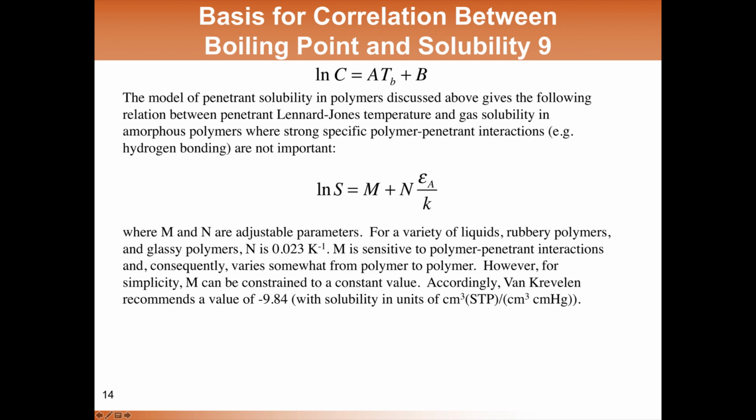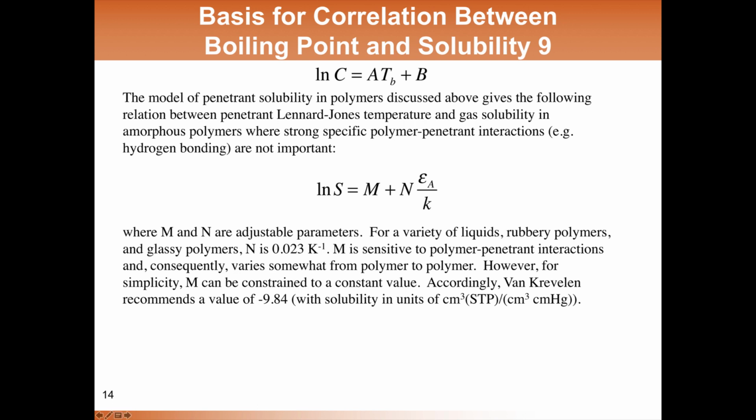And so once you know the solubility of one gas in a polymer, you could use this relationship to calculate the solubility of any other gas you were interested in. The parameter M depends on the details of the polymer, and so it will vary from one material to another, or from one liquid to another.